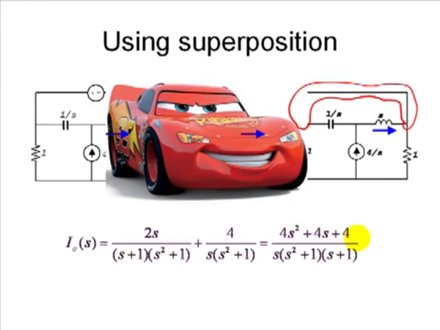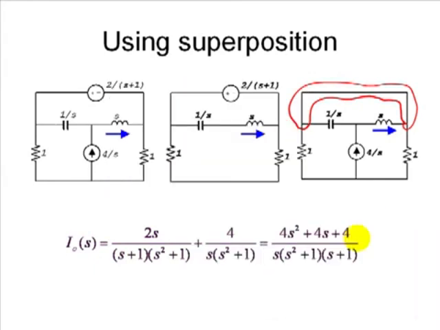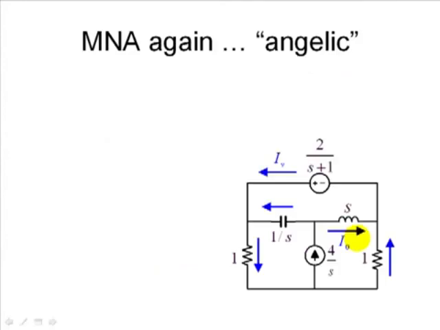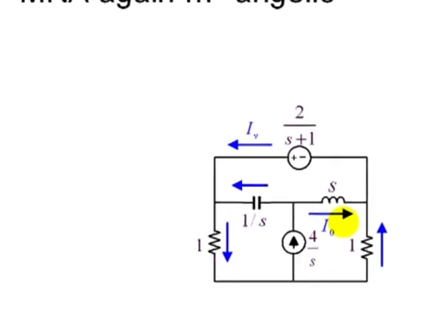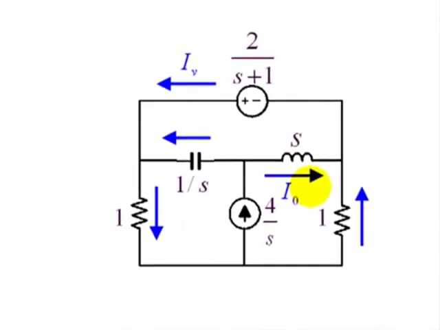But this is not the last of the possibilities, no. Let's solve that using MNA again, but this time taking advantage of that voltage branch, and call it an angelic branch, the way we did in the first term, because that branch can help us.